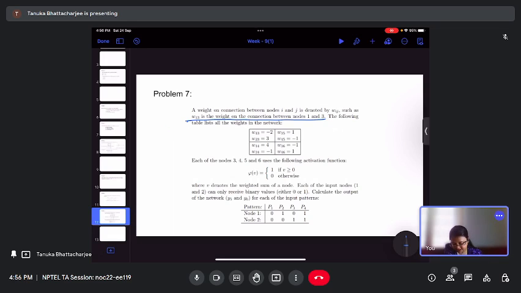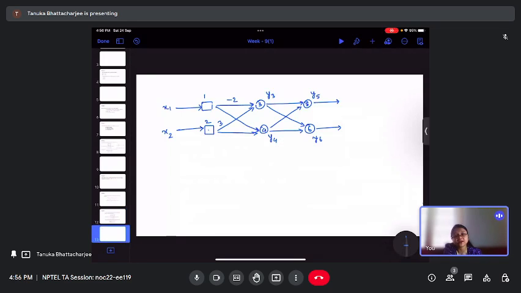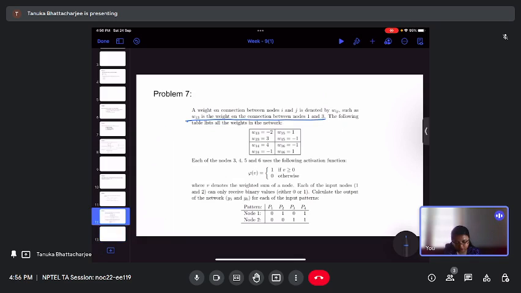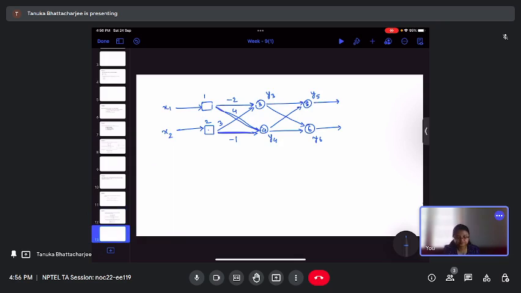That is the connection between nodes 1 and 4, and the weight for this is W14, which is 4. And the last connection in this layer, between nodes 2 and 4, will be W24, which is -1.